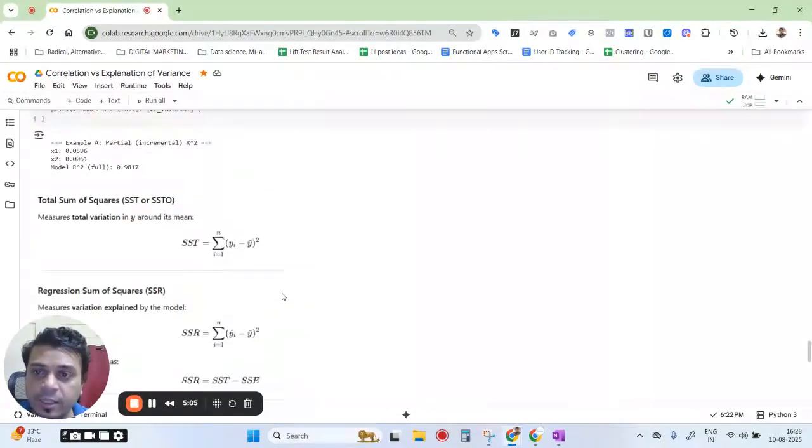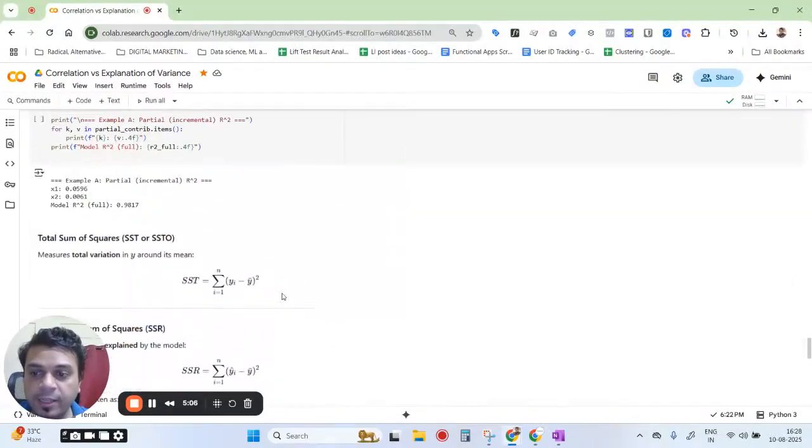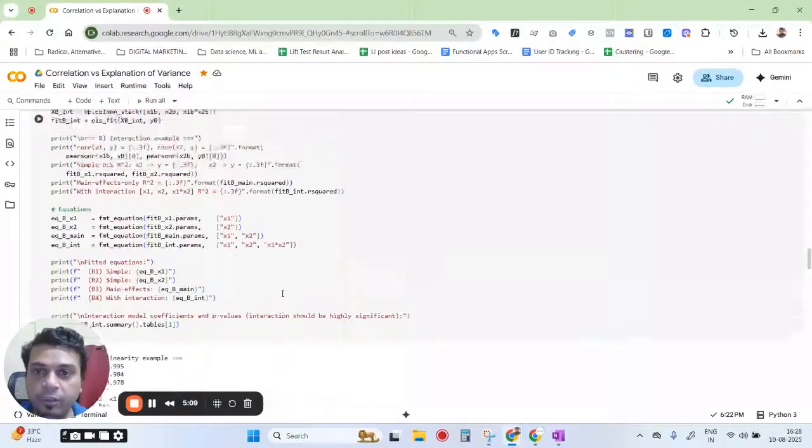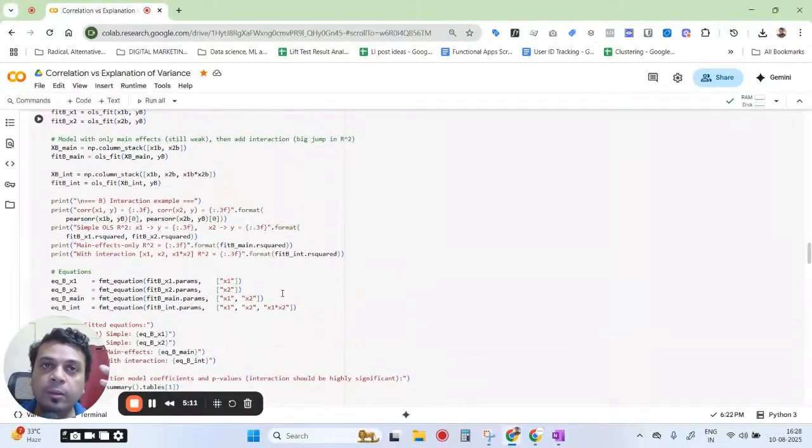So this is where the partial R squared is coming from, and I think this is at the heart of understanding why, when multicollinearity is present, a complete demarcation has to be drawn between how you see the individual correlation between the independent variable and the output variable, and the actual model R squared.